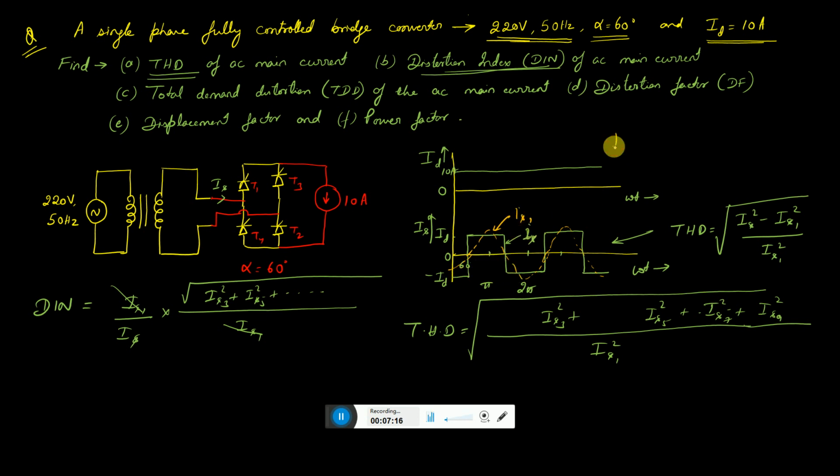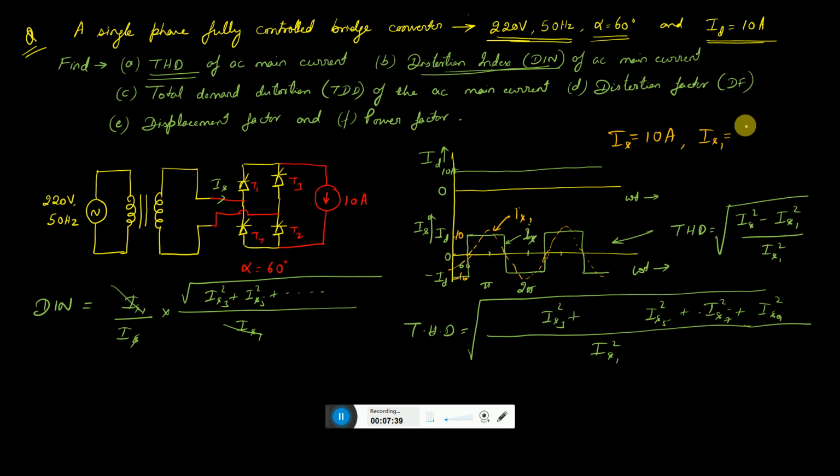So IS is the RMS value of this square wave, and since it is changing from 10 to minus 10, the RMS value is also 10 ampere. That we have seen in the other problem. If it is a square wave, the RMS current is 10 ampere. And what is the value of IS1?